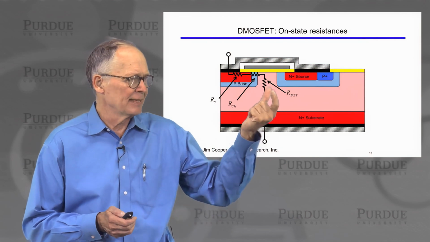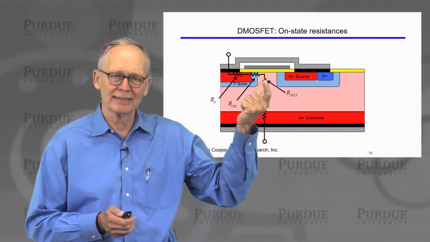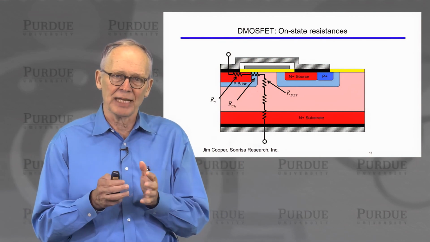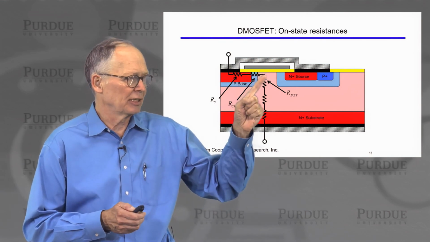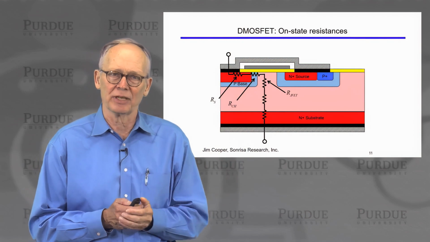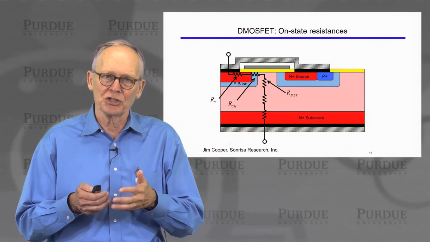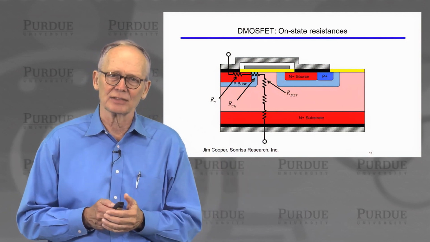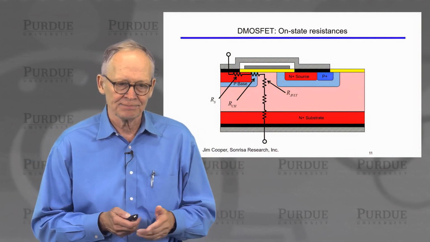Now, a JFET, this narrow N region on the top, this is a PN junction. There will be a depletion region around that PN junction so that the current can only flow in the undepleted part of that. That's the way a junction field effect transistor works. So this part of the resistance is called a JFET resistance.